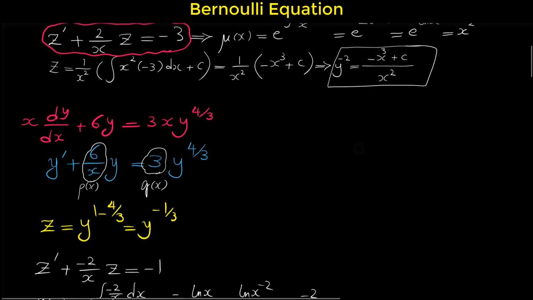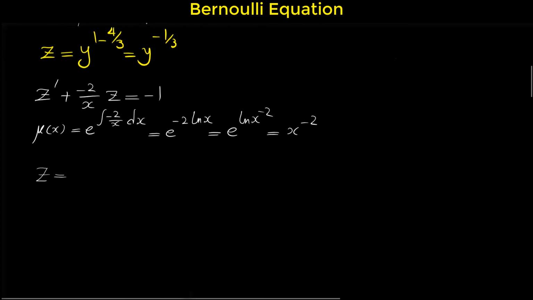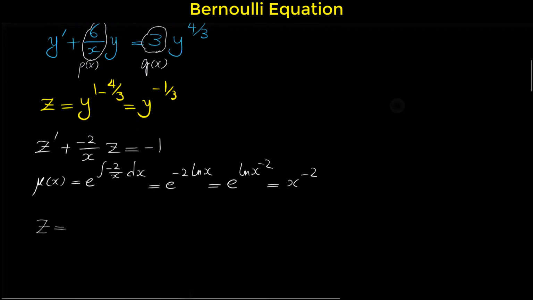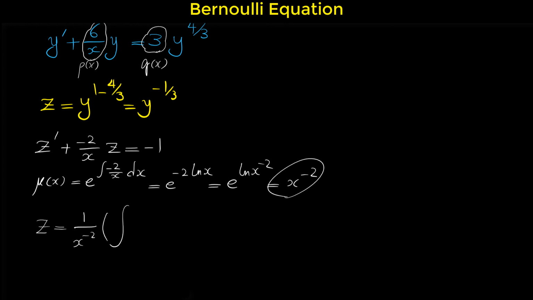So here z equals 1 over mu of x, which is x to the negative 2, times the integral of integrating factor x to the negative 2 times q of x, which is negative 1, dx plus c.